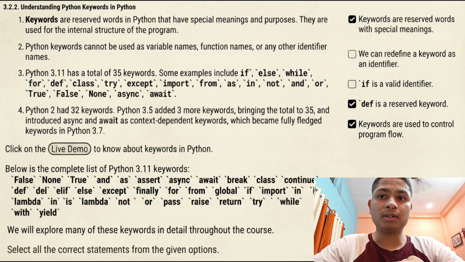So the program for that would be: import keyword, print keyword.iskeyword of 'and'. Here 'and' is a keyword, so it will print true as output. For program 2, import keyword and print keyword.iskeyword of 'python'.